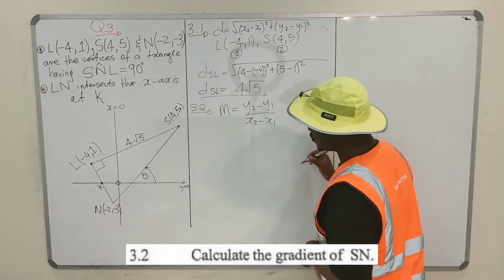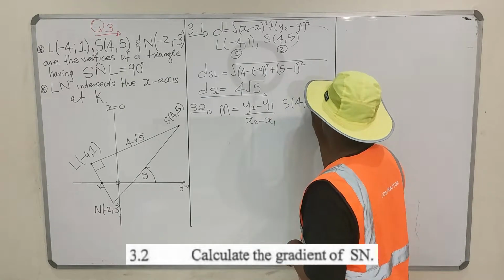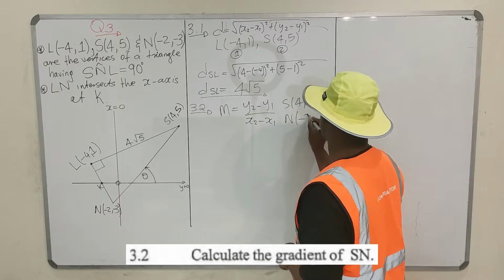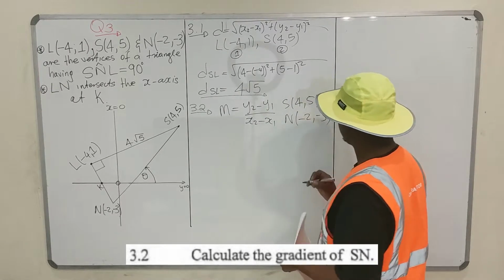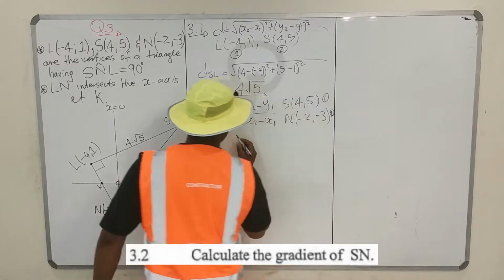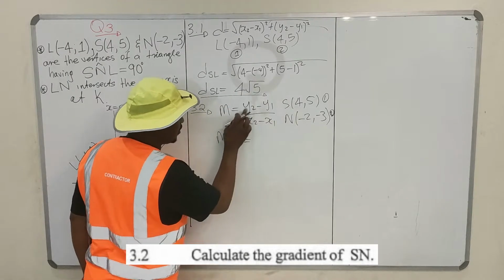What are these 2 points that you're talking about? It's S and N. S has coordinates 4 and 5, and N has coordinates minus 2 and minus 3. So you can say this is coordinate number 1 and this is coordinate number 2. So now if you want the gradient of SN, you substitute those values here.